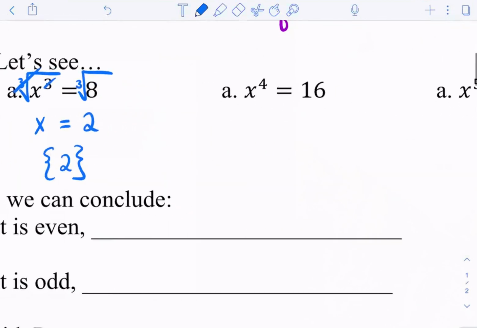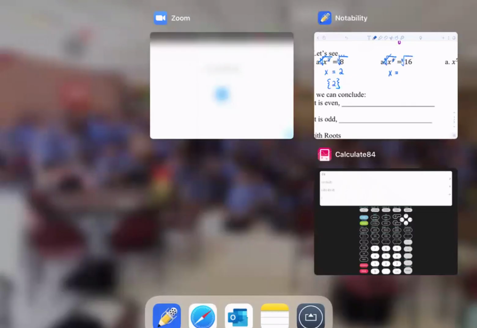Let's keep trying. The next one, to get rid of the power 4, I need a fourth root. So the fourth root will get rid of the 4. So now let me go into my calculator. And in my calculator, I click Math.